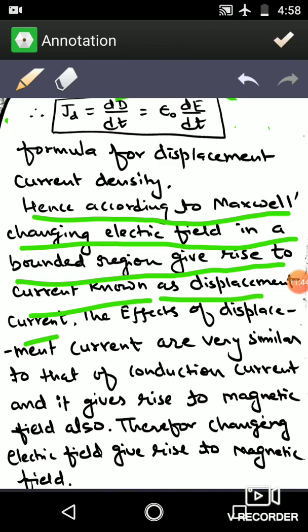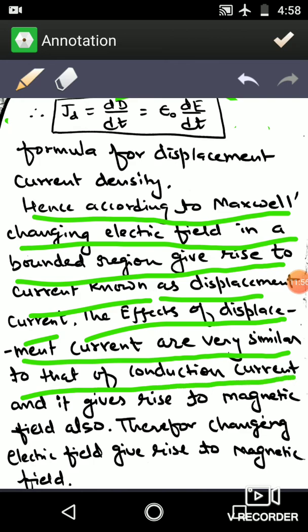The effects of displacement current are very similar to that of conduction current. There is no difference between effects of displacement current and conduction current. Okay, and it gives rise to the magnetic field also.